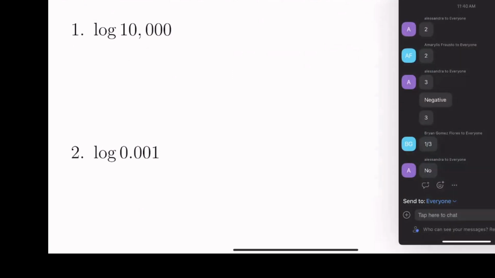So with these, you want to think through the base part first when you don't see it. So log of 10,000 is thinking 10 to what power equals 10,000.